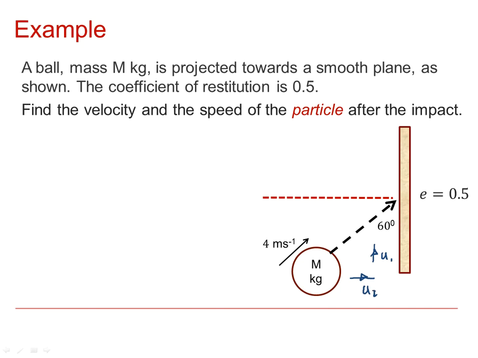then the first thing, going parallel to the wall, we know that the speed isn't going to change, so the initial value U1, which I can get by looking at the components of the 4, is going to be 4 cosine of 60 degrees.